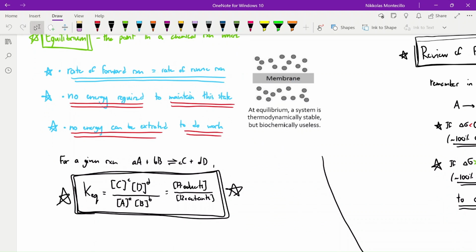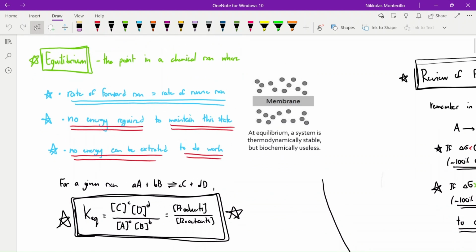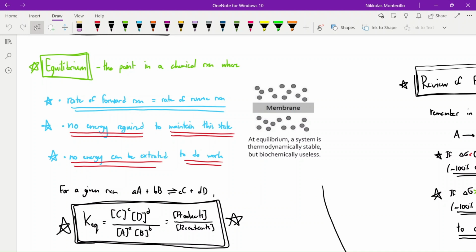So this means that in a system, all systems tend to be reaching towards equilibrium, and all the reactions are what characterize the process of reaching equilibrium.